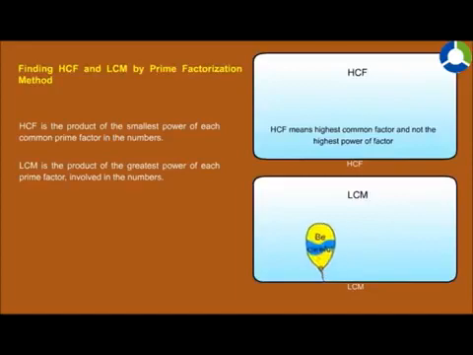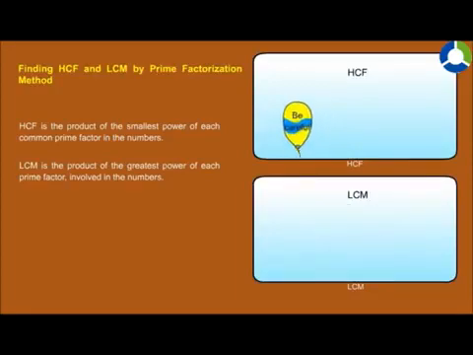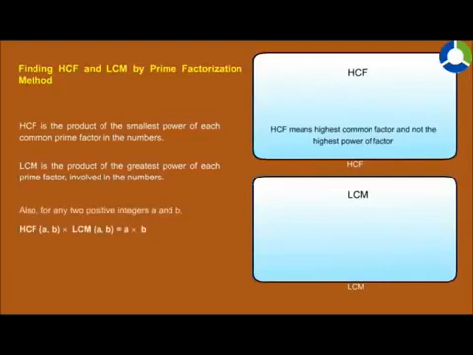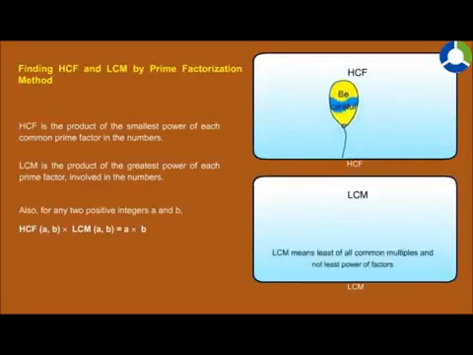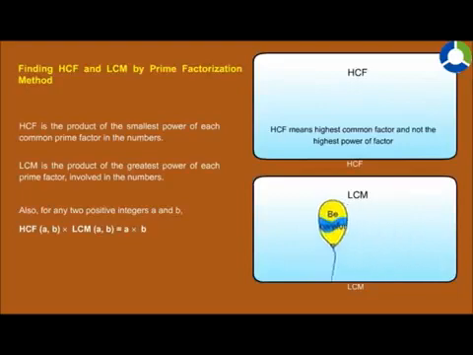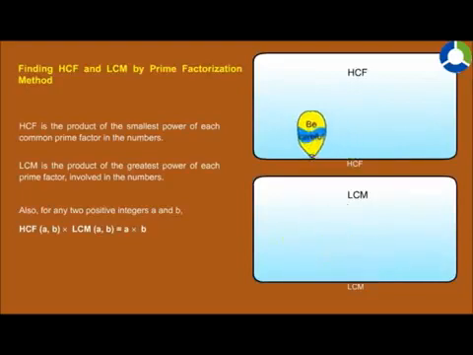LCM is the product of the greatest power of each prime factor involved in the numbers. Also, for any two positive integers a and b, HCF of a and b times LCM of a and b is equal to a × b.